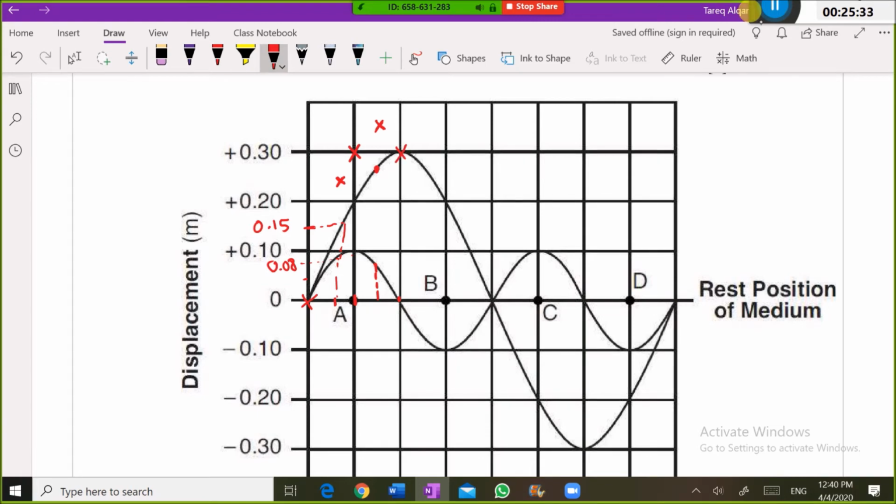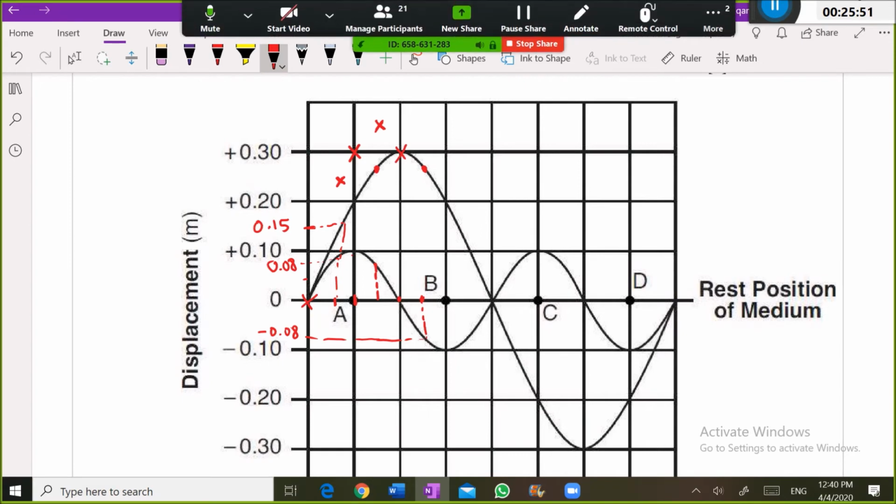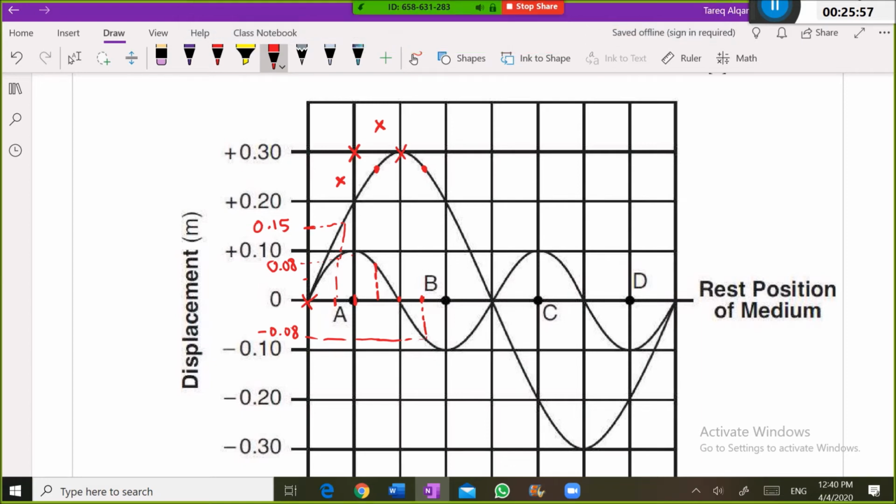At this point, look here guys, this is negative 0.08, and here at the same position 0.27, I think. So if I subtract them, around 0.20, something like this, just to simplify. At B, here at this point, 0.2 or negative 0.1, and here 0 and so on.